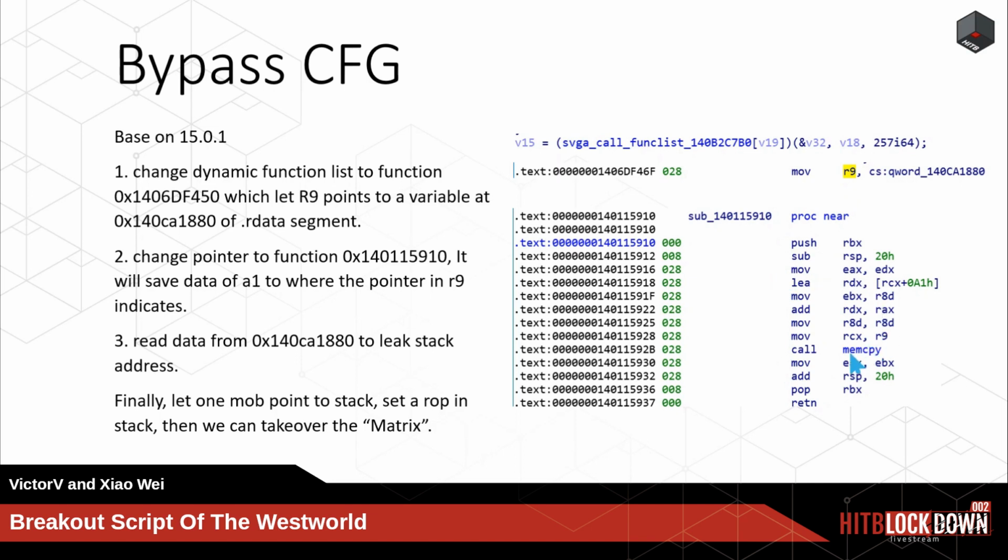In this function, it will copy data from RCX to R9. And this SVGA call function uses a stack address as argument 1. So RCX points to a stack address. So we can link the stack pointer to the guest.